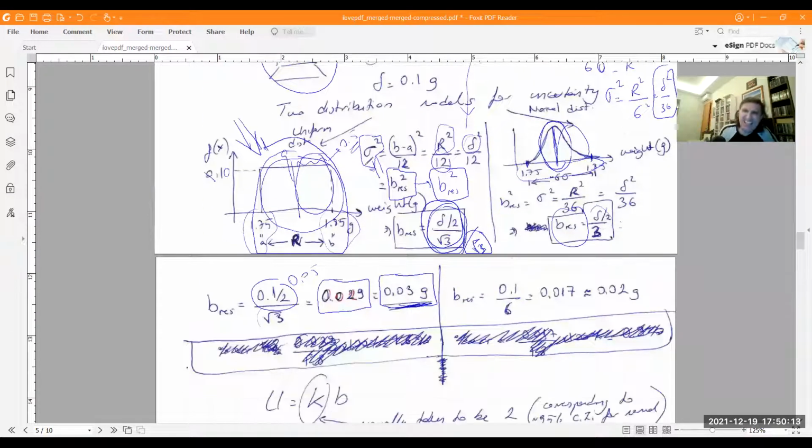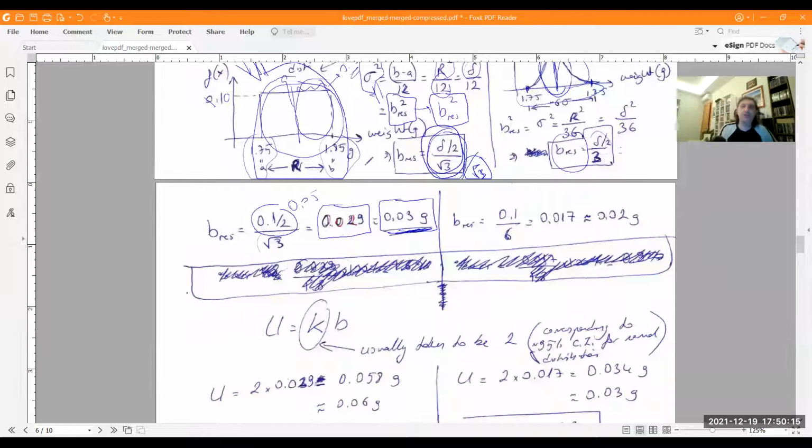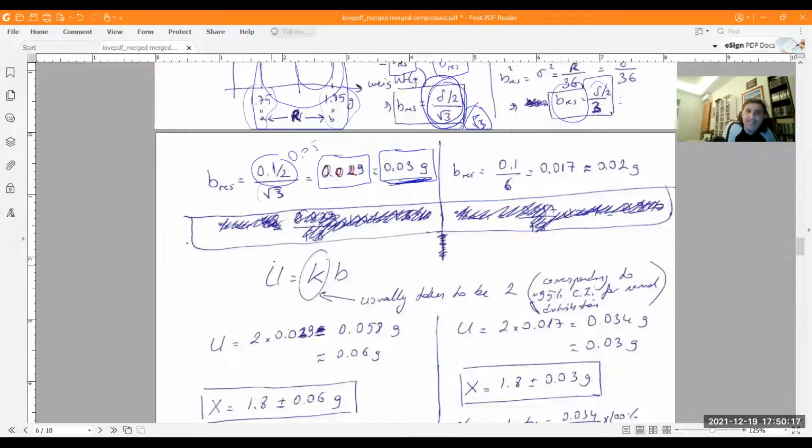But let's say that a very simple uncertainty measurement is going to be like this. In this case, the total uncertainty, I may say, is going to be equal to some constant times bias. Later, I'm going to show a more rigorous definition of that, but for the time being, just take it as it is.